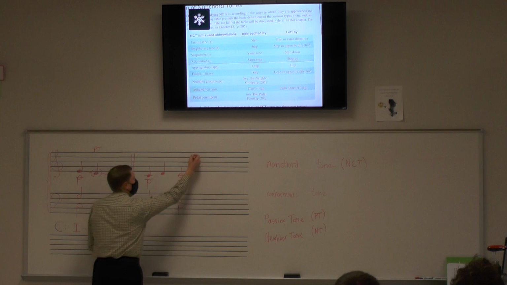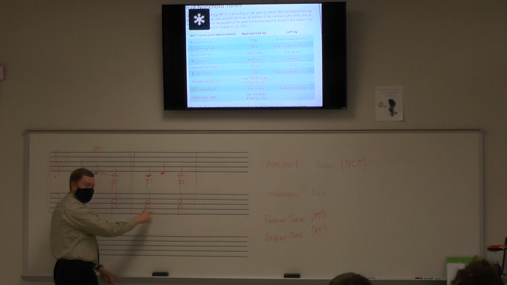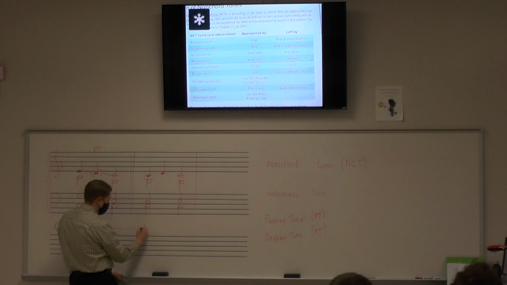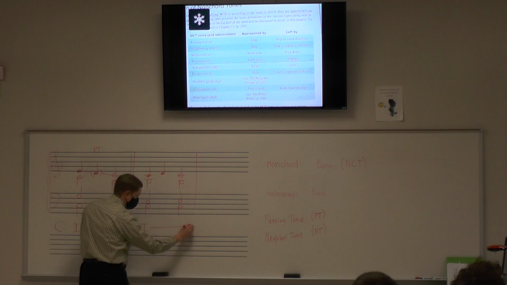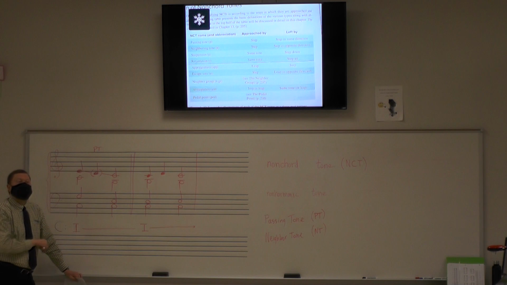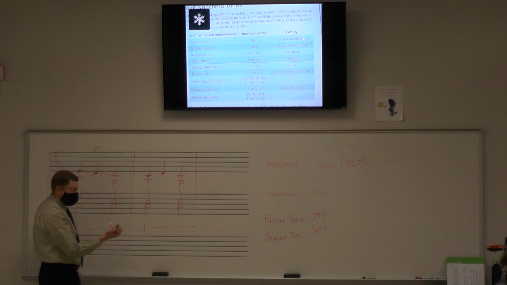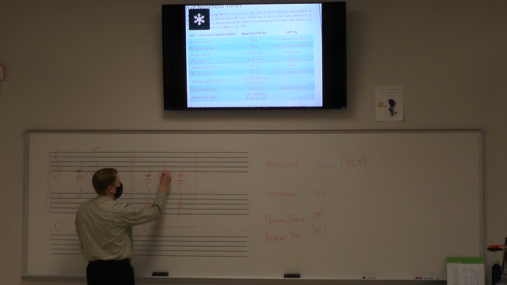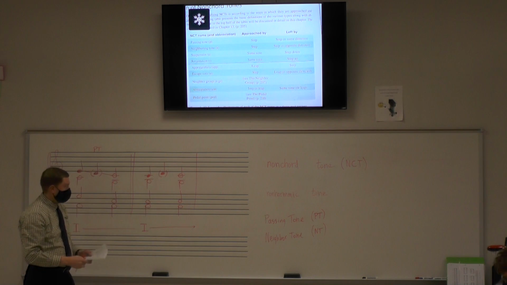Once again, every note in this measure, C, E, G, belongs to one chord, except for which one? The D, right? The D doesn't belong. So since it doesn't belong to the harmony, I'll put parentheses around it.